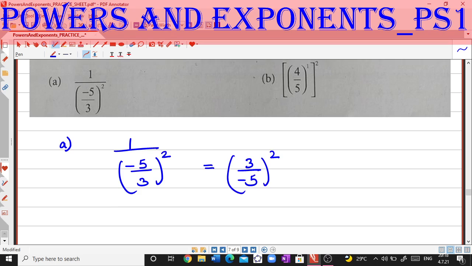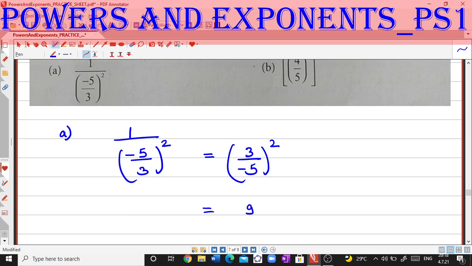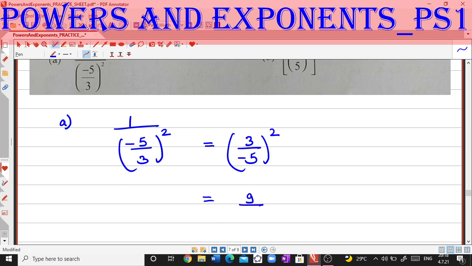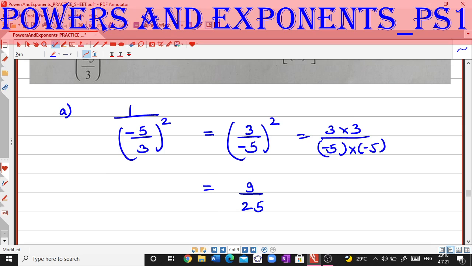So 3 square is 9 and minus 5 square is 25. So this will be 3 multiplied by 3 and here minus 5 multiplied by minus 5. So here you have to solve it like this.